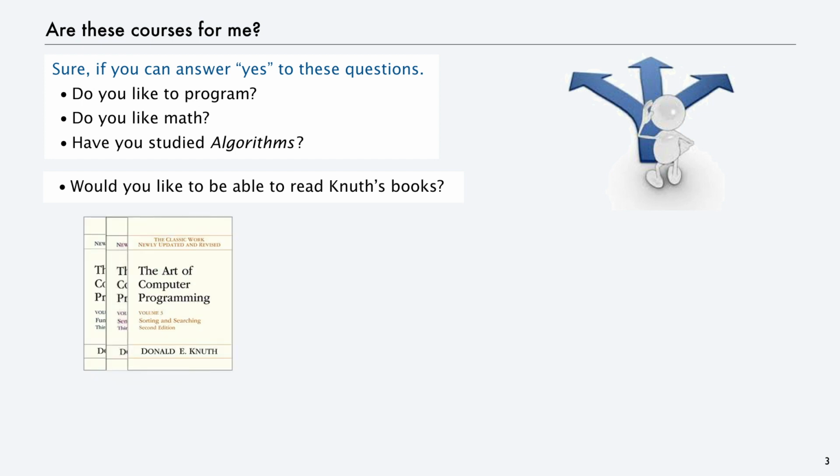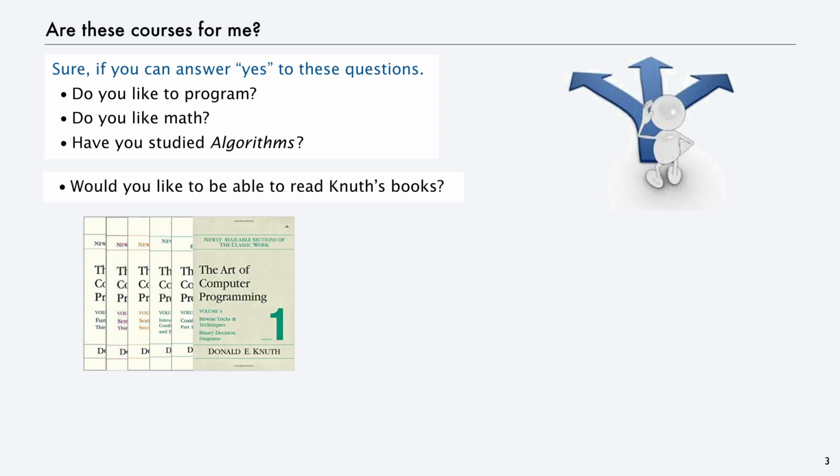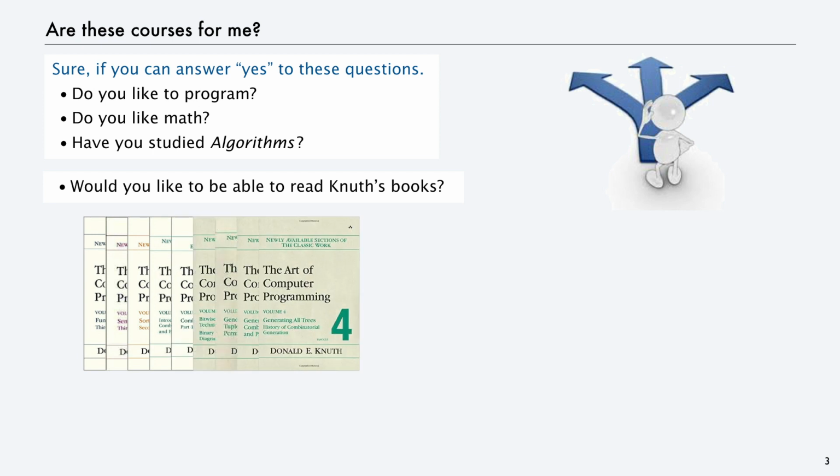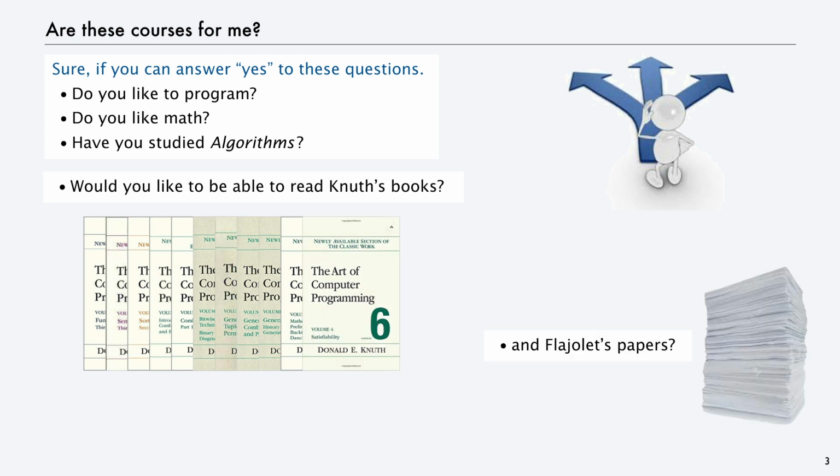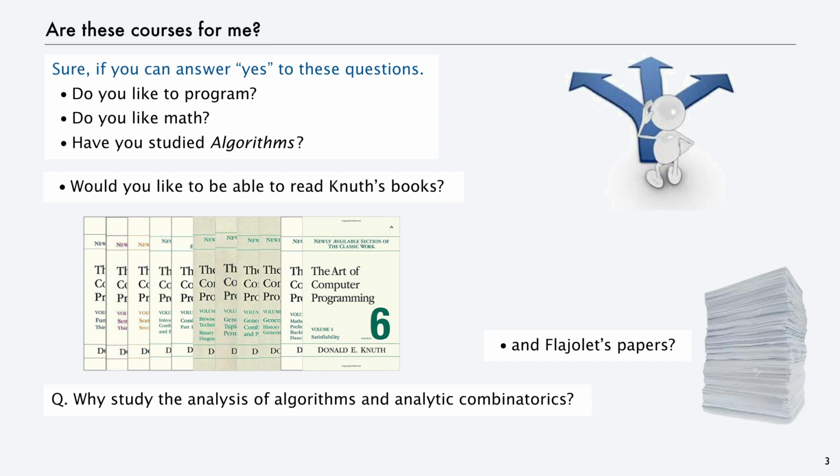Would you like to be able to read them? These are a classic masterwork dating back to the 60s that runs now to 4 full volumes, and there's many more to come. And would you like to be able to read Flajolet's papers? You might not know as much about them. That's one of the points of this introductory lecture, to introduce you to Flajolet's work.